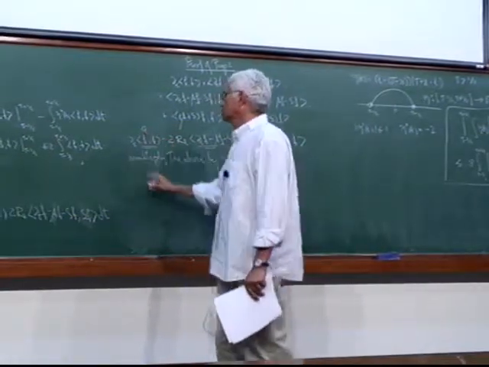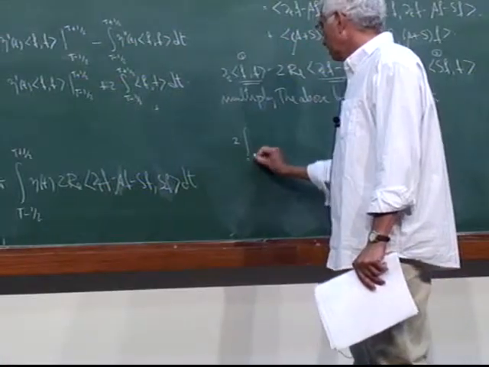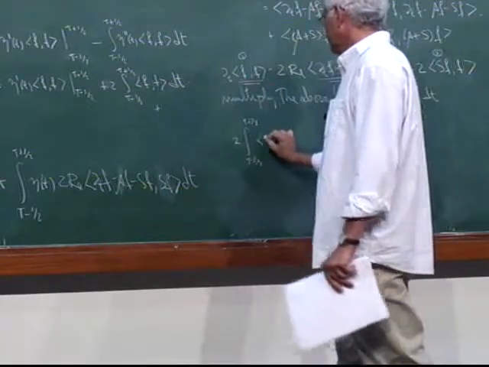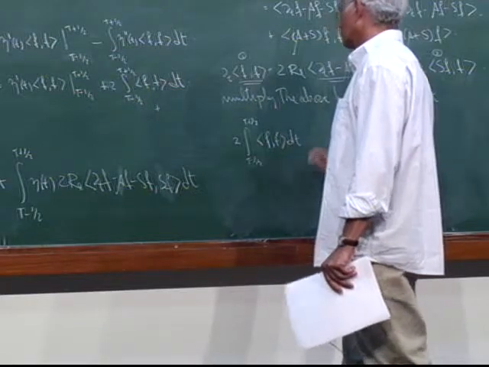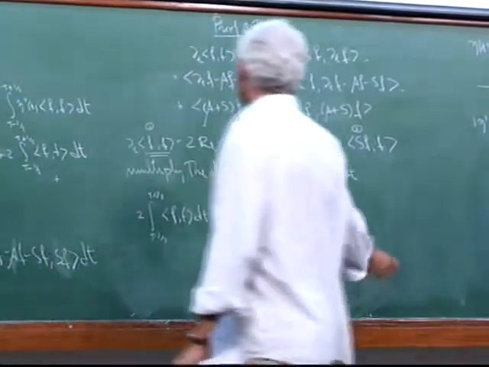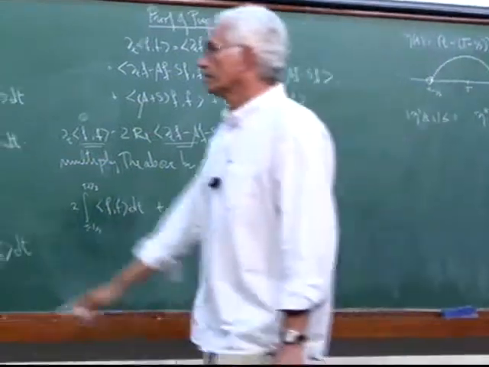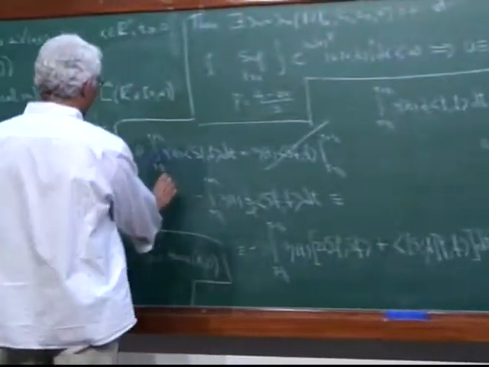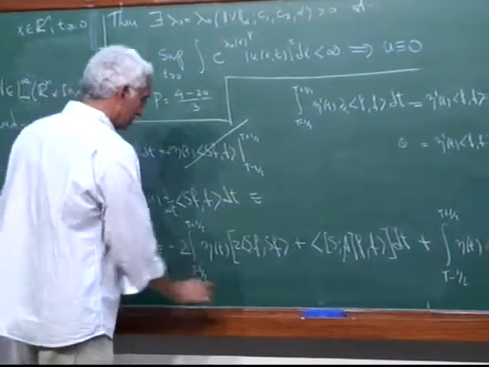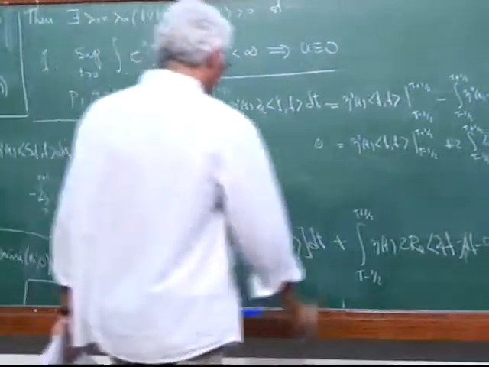That gives us twice the integral between t minus 1/2 and t plus 1/2 of this L2 norm plus this part that is also positive that appear in the other side. And there is a 2 here. Remember that there is a 2. Then if we want to be very careful, we have to put this 2 here, and then there was another 2 there. Okay, it has to be 2.